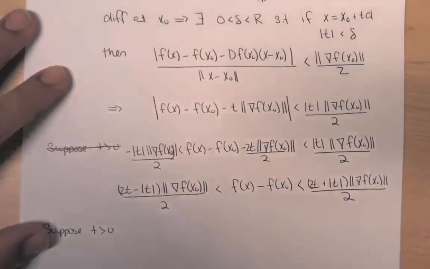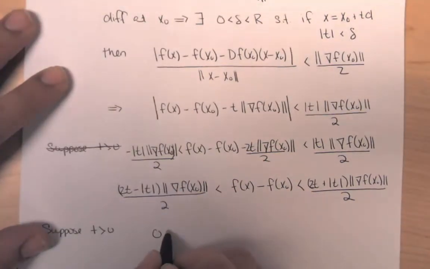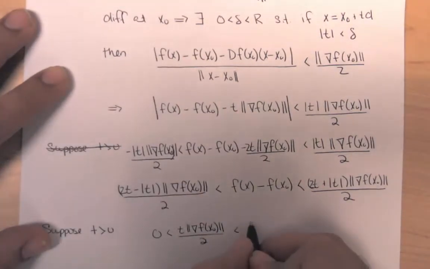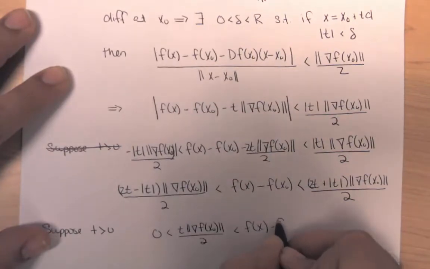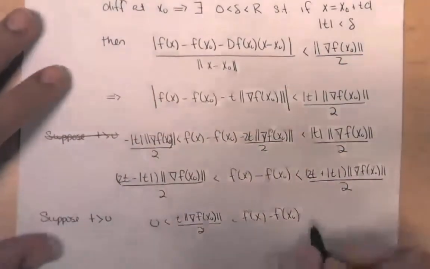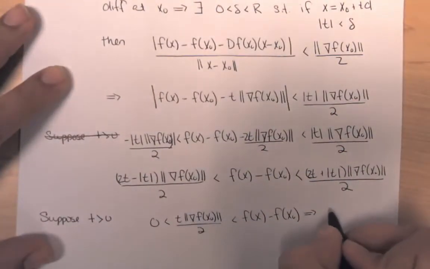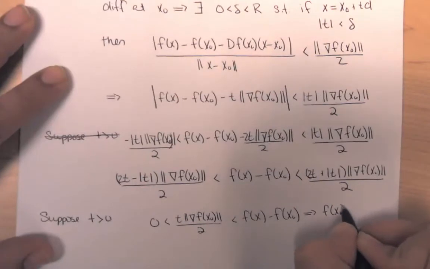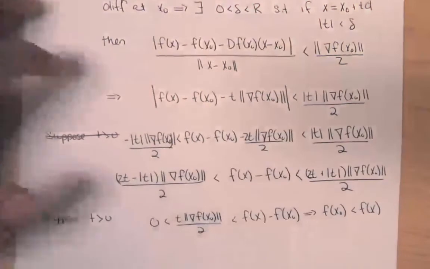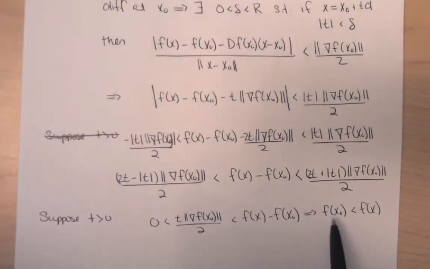I just get t, and I get that this is positive, so I get 0 is less than t times the norm of the gradient divided by 2 is less than f of x minus f of x naught, which implies that f of x naught is less than f of x, meaning f of x naught cannot be a local maximum.